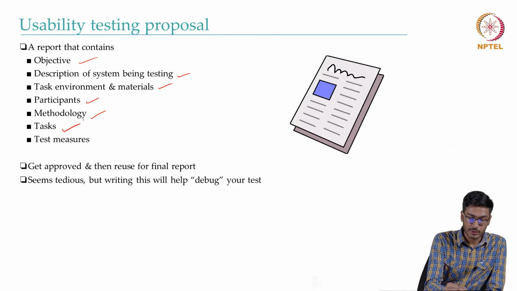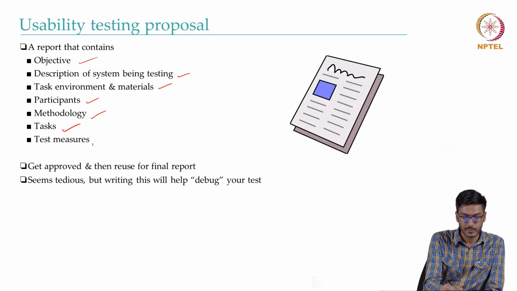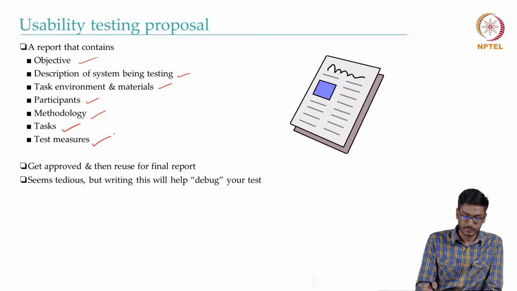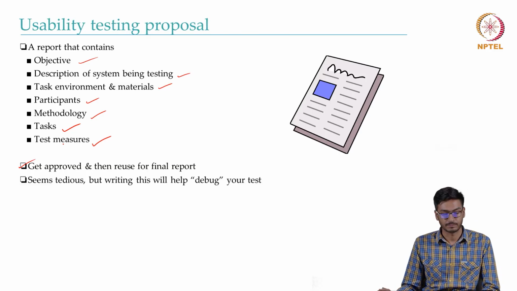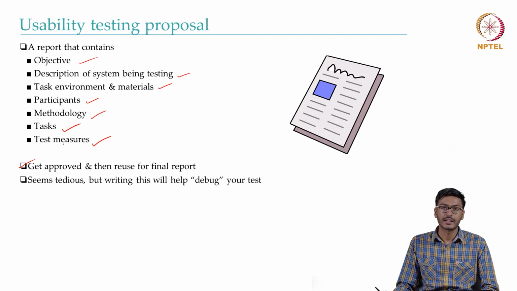Then, details of the tasks that the users are going to undertake, and finally, the test measures, how we are going to be evaluating the users, the parameters. We need to get it approved and then reuse it for the final report. It may seem tedious, but it helps you debug your test and identify and solve any problems that may have crept in.